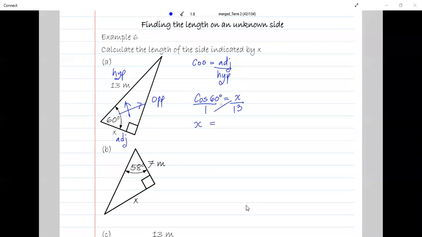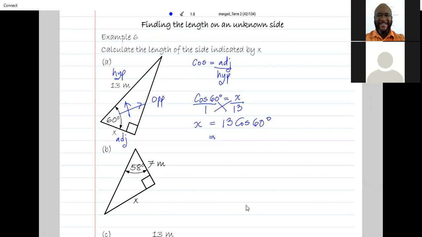And this is equal to 13 multiplied by the cosine of 60 degrees. The next thing now is that you have to put that in a calculator, exactly how you see it. In a scientific calculator, put 13, then cosine 60 degrees, and then press equal, and tell me what you get.